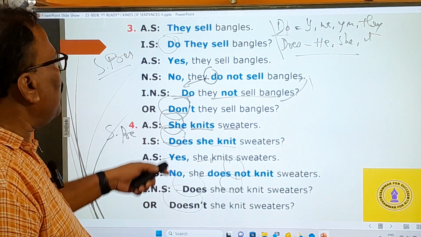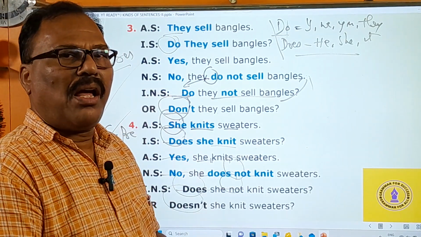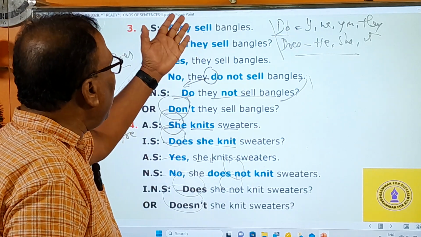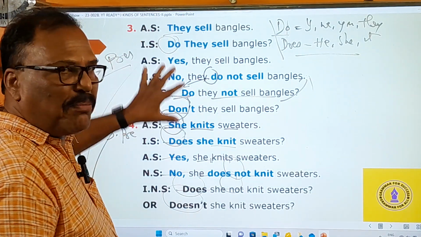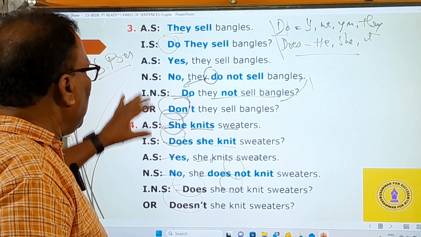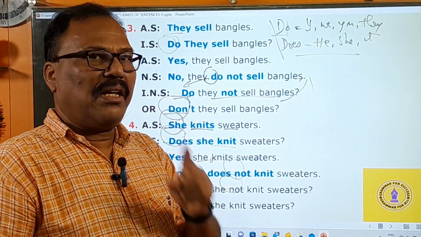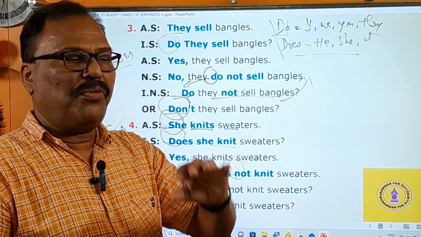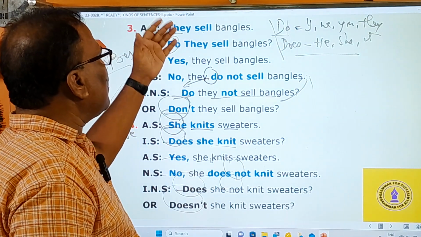Okay. So in this way, I have detailed to you how to change the simple present tense sentences into all these 5 kinds of sentences. After learning the tenses, practice changing each and every sentence.